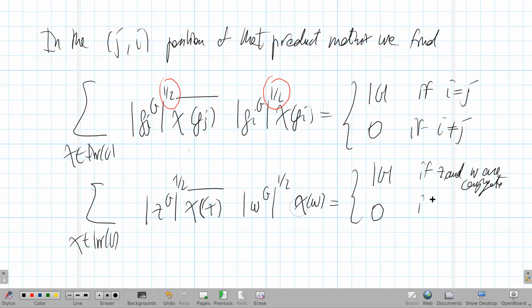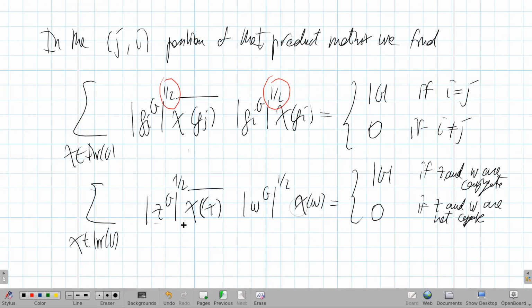Otherwise, if they are not, note that when it's 0, we can safely multiply by these two, which are constant, they depend on the sum, and get nothing, and it will still be 0.